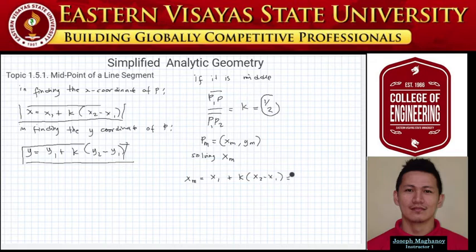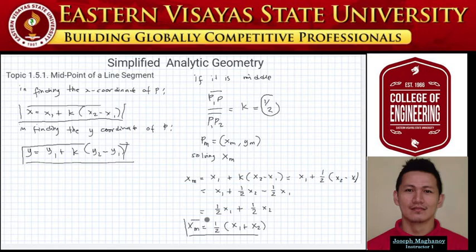So substituting, x sub 1 plus 1/2 times (x sub 2 minus x sub 1), which is x sub 1 plus 1/2 x sub 2 minus 1/2 x sub 1. Combining like terms, we get 1/2 x sub 1 plus 1/2 x sub 2, or simply x sub M is equal to 1/2 times (x sub 1 plus x sub 2). So this is our formula for finding the middle x sub M of the line segment.